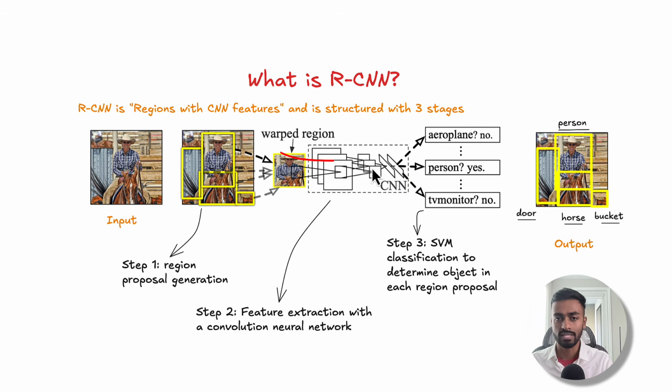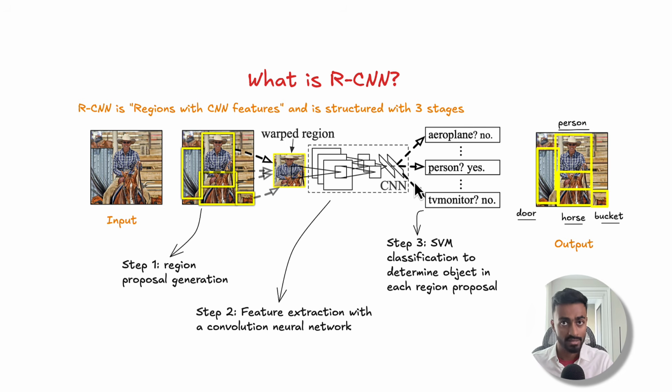We pass it through a CNN, then on the last feed-forward layers, you're going to get a 4,000 dimensional vector that's going to represent the features of this warped region. And then what we're going to do is pass each of these into SVMs to determine the object in each region proposal.